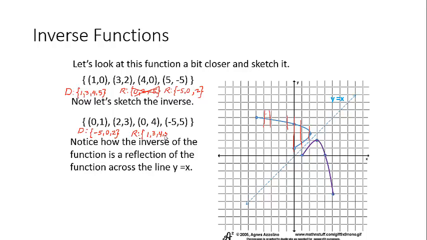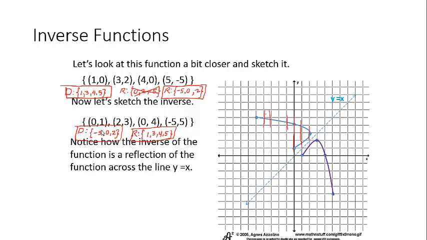Do you notice something here? Notice that the domain of the original function is now the range of the inverse, and that the range of the original function is now the domain of the inverse.